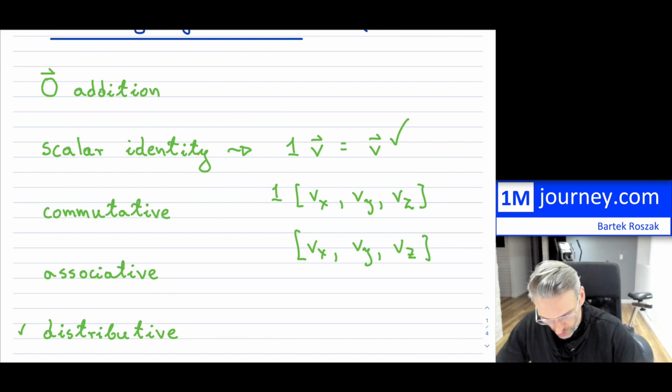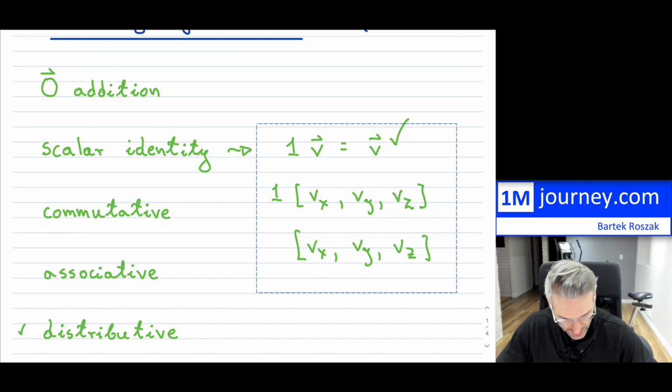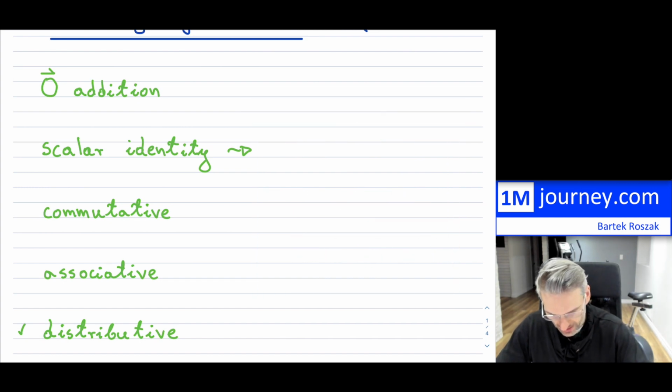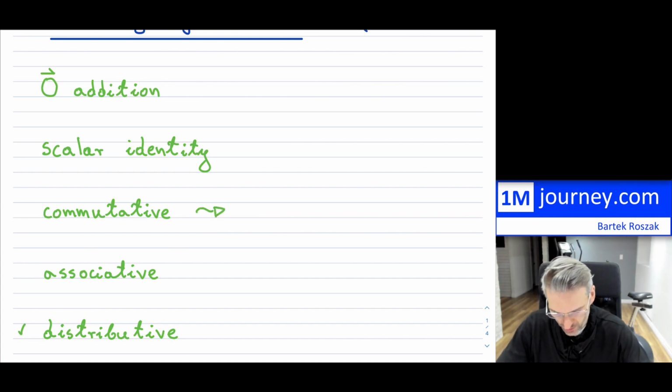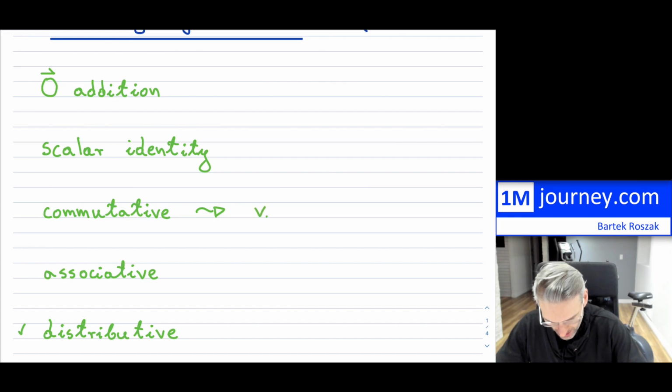Now, the commutative property is the next one on our agenda. What this says is that if you have two vectors and you're adding them together, so let's say v1 plus v2, it does not matter the order.